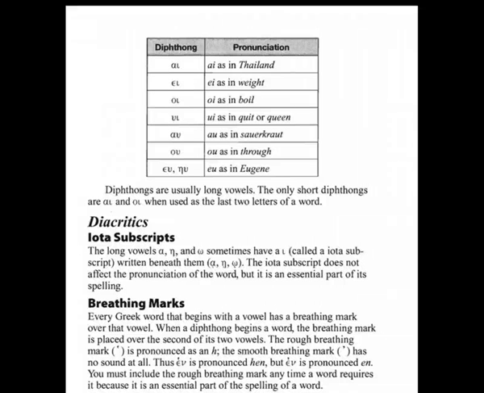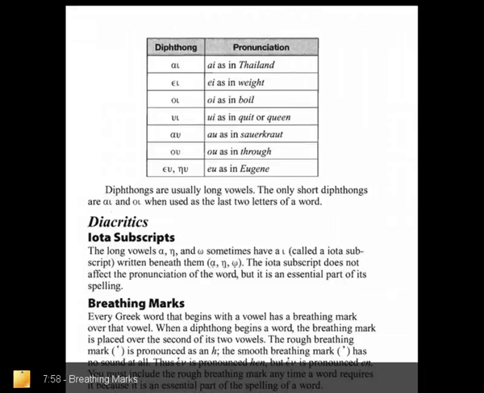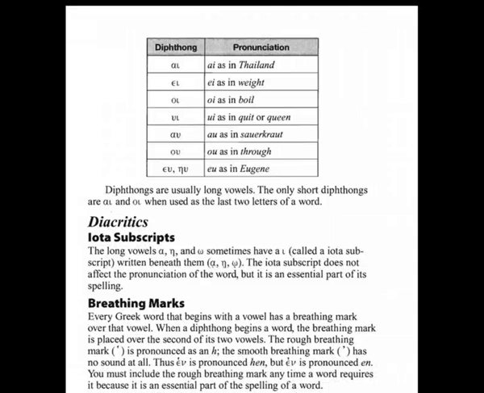Breathing marks. Every Greek word that begins with a vowel has a breathing mark over that vowel. When a diphthong begins a word, the breathing mark is placed over the second of its two vowels. The rough breathing mark, which looks like a single left quote, in the Erasmian pronunciation is pronounced as an H. In the reconstructed Q&A pronunciation, it is not pronounced.